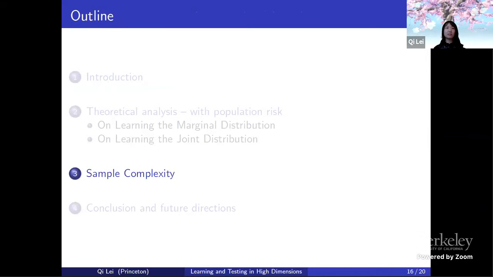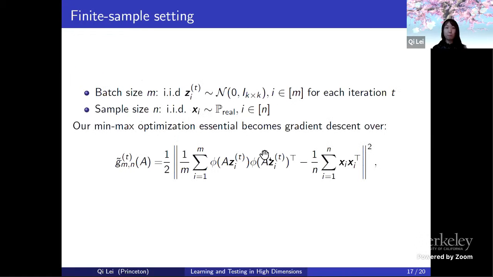So then let's move on to the finite sample case. We're interested to know whether, with a polynomial number of samples, we can still learn the joint distribution. In reality, we will use a finite batch size. We don't have infinite computational power. So for each iteration t, we generate Z1 through Zm, where the batch size is m, the number of samples from the Gaussian.